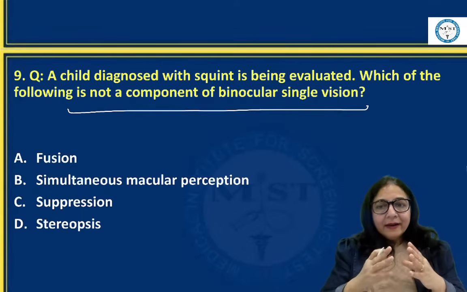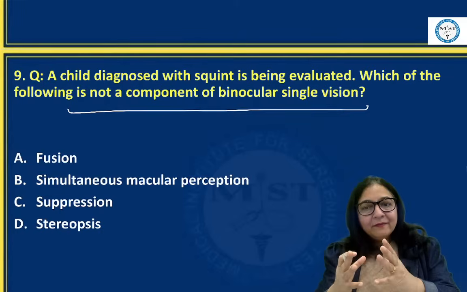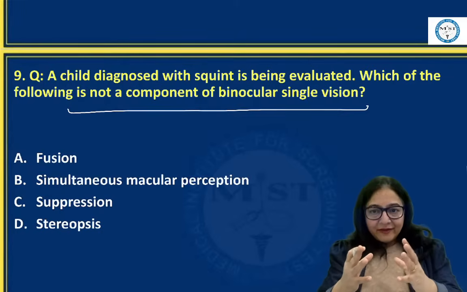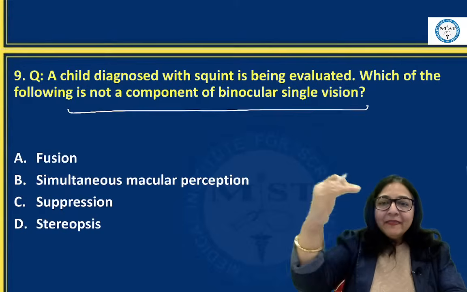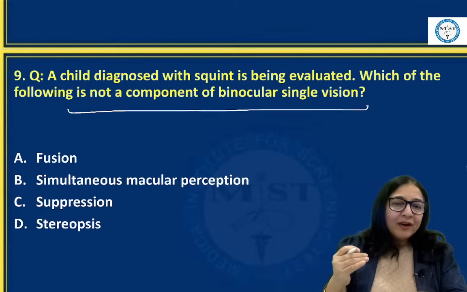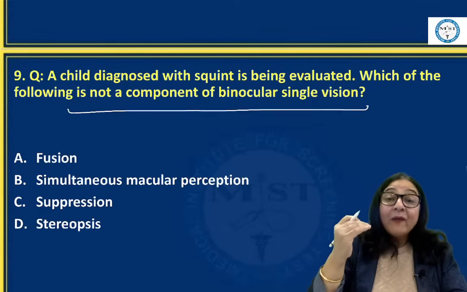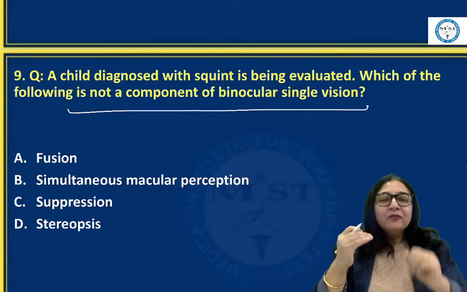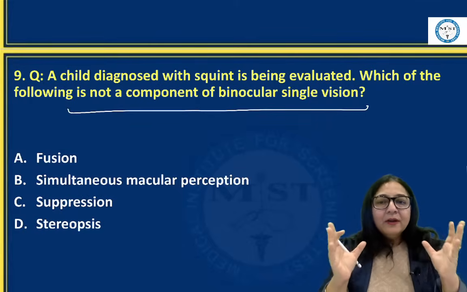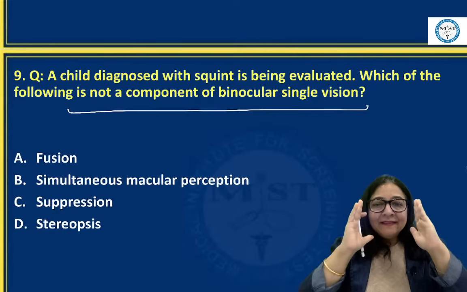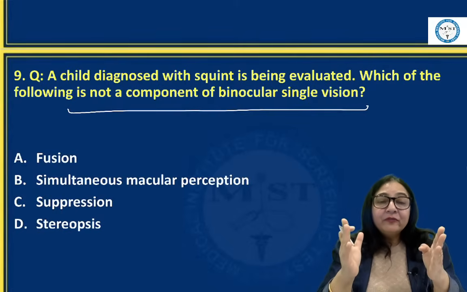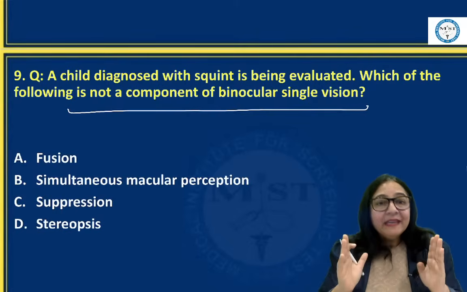So here, as you know, when the vision development is occurring, there are different grades of the binocular single vision which we are trying to achieve. Because both your eyes, when they are seeing, there are two images being formed, one for each eye.